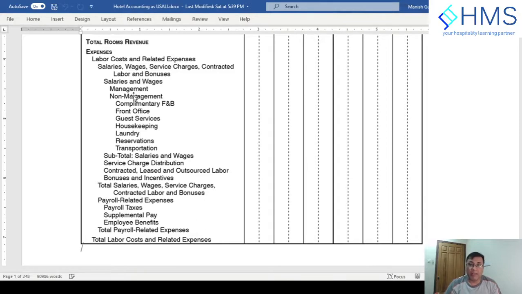In many hotels, laundry is a separate profit center where we are charging the money to the guests, and we are selling the laundry to the outside customers as well. In that case, laundry cost will go to the laundry department, will not come to the rooms division. Similar way, transportation also sometimes is a separate cost center. So salary related to transportation, which is a part of the profit center, will go to the profit center.